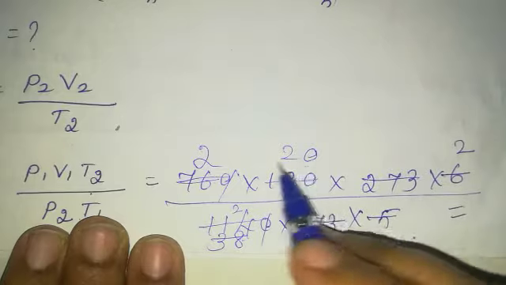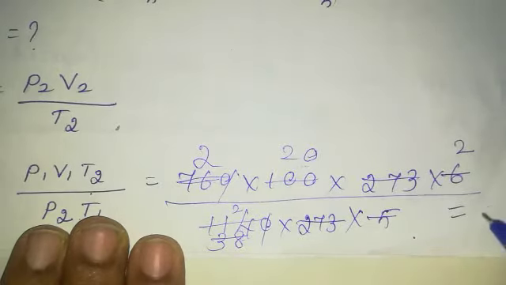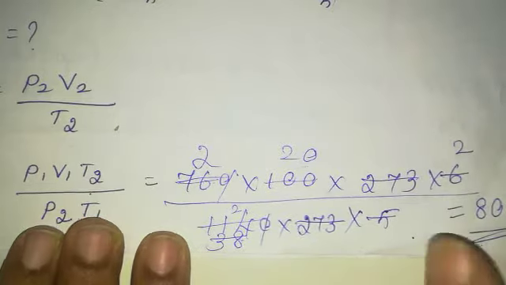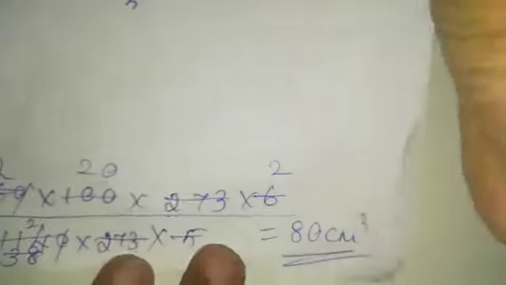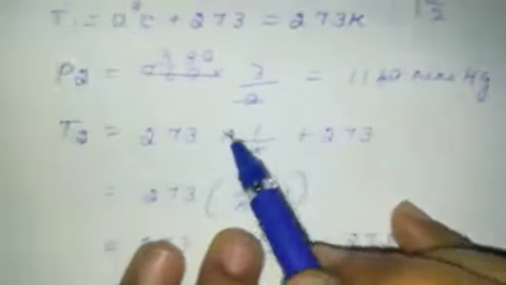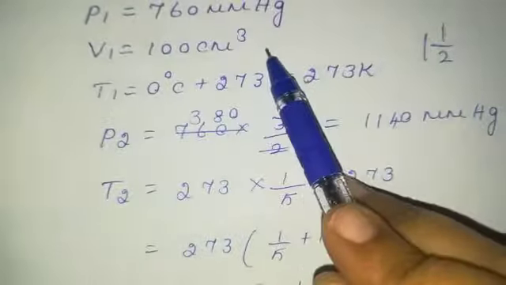So you get 2 into 20 is 40, 40 into 2 is 80. So 80 cubic centimeters, because your volume is in cubic centimeters. This is your final volume.